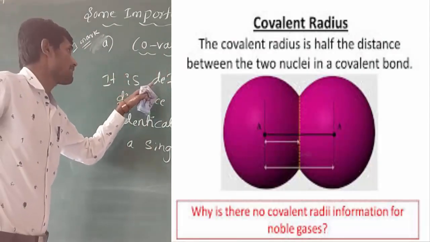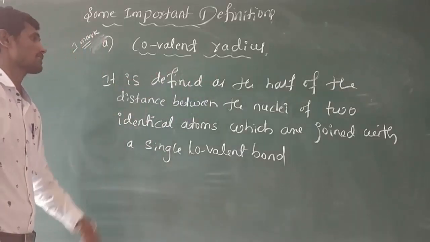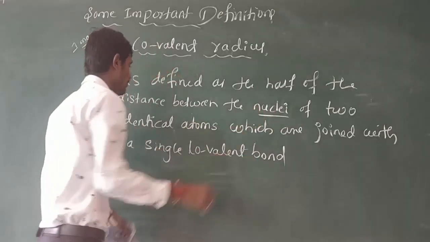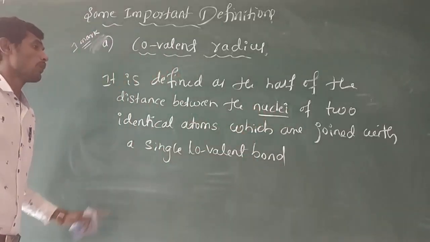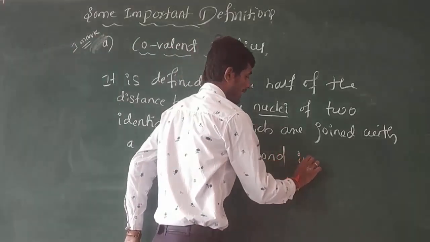It means covalent radius is defined as the half of the distance between the nuclei of two identical atoms which are joined with a single covalent bond in a molecule.